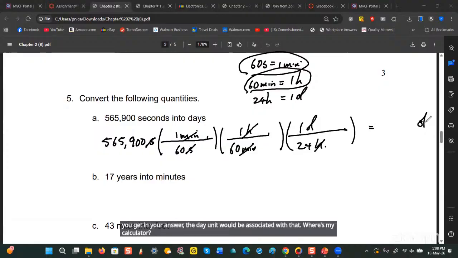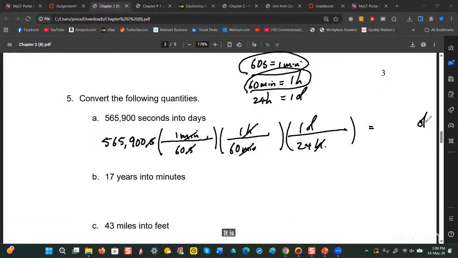Where's my calculator? Okay, so it is 565,900 divided by 60, divided by 60, divided by 24. And now I have to round off to 4 sig figs.